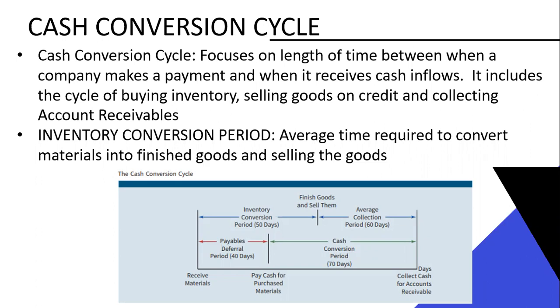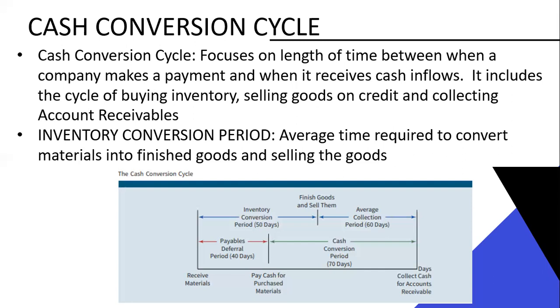In many cases, companies have to borrow money to buy their inventory. The entire time from buying the inventory, working on it, selling it on credit, and getting the money from customers is called the cash conversion cycle.